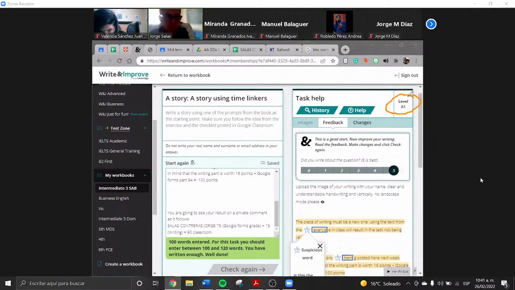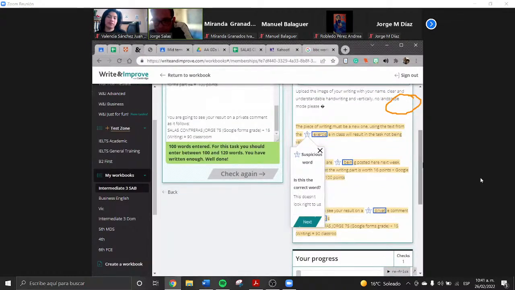A1 is basic. You right now should be B1. You have A1, A2, and B1. These intermediate levels are supposed to be level B1. So if you check it once again, it gives you the level and it gives you feedback.